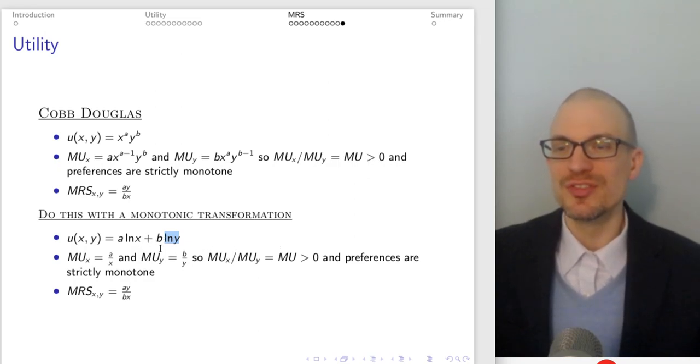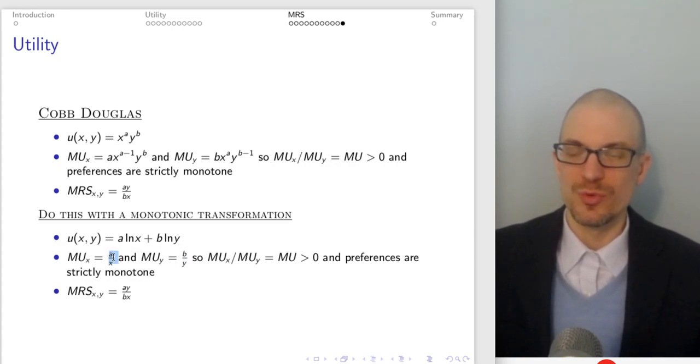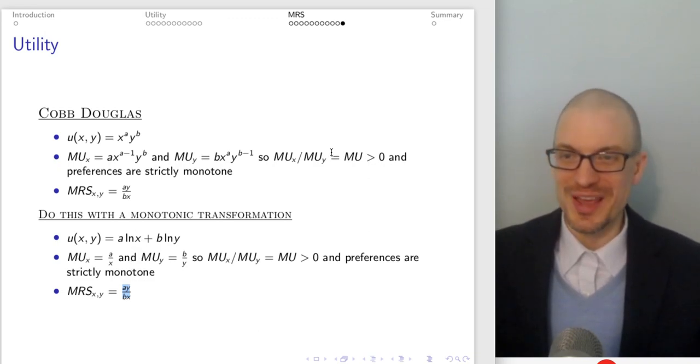The ratio of these things is going to be a over x divided by b over y. When you divide one fraction by another fraction, it's the same as multiplying the first by the reciprocal of the second. So this is going to be a over x times y over b. Oh, that's this: a y over bx. All right, so clearly that was way easier than this, wasn't it?